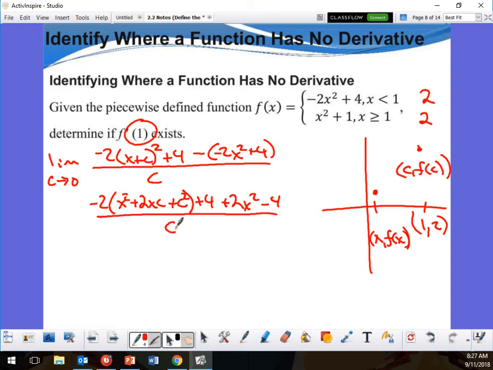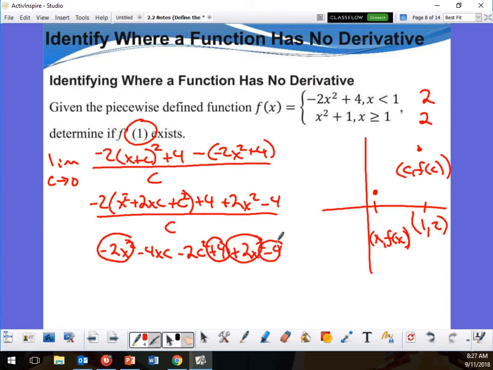So distribute: negative 2x squared minus 4xc minus 2c squared plus 4 plus 2x squared minus 4. And so what's going to happen here? I'm canceling out this one right here, and this one right here. I'm canceling out the positive 4, canceling out the negative 4.